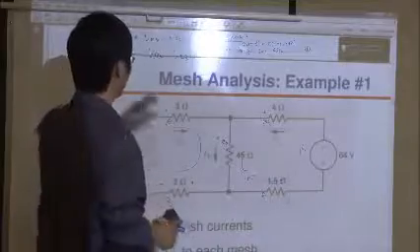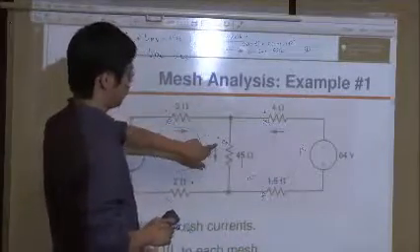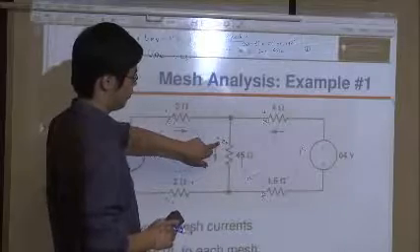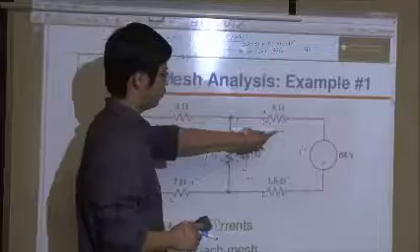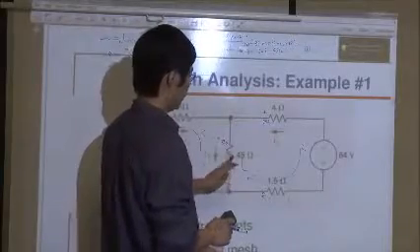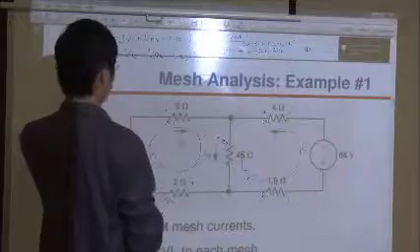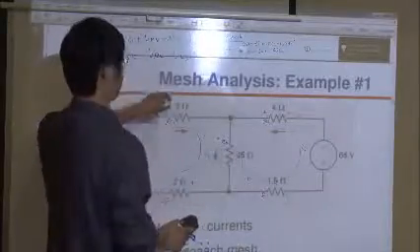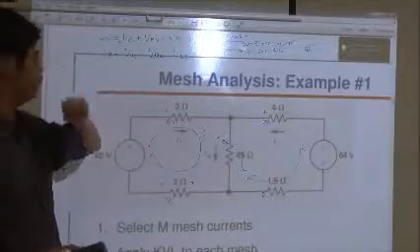Be careful about VR4. It's a minus sign because we already assigned this is the plus terminal, this is the minus terminal. So when you look this way, you saw a voltage rise. Ideally, a voltage rise should be on the left side, like the 64. That's why you saw the minus sign here.